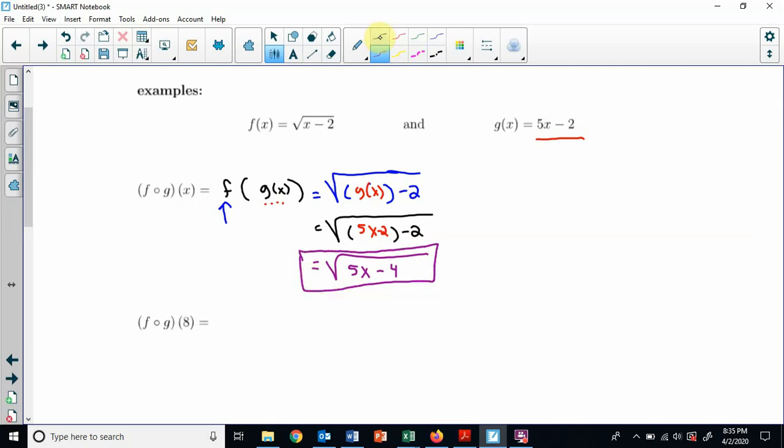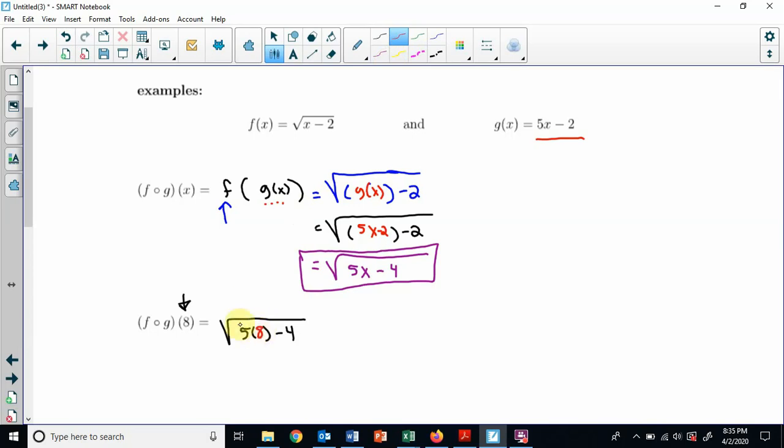Alright, awesome. That should make the next example easier when I'm doing f of g again, and instead of an x, I'm going to just plug in an 8. So it's exactly the same, but I'm plugging in an 8. So equals the square root of 5 blank minus 4. And what are we plugging in?